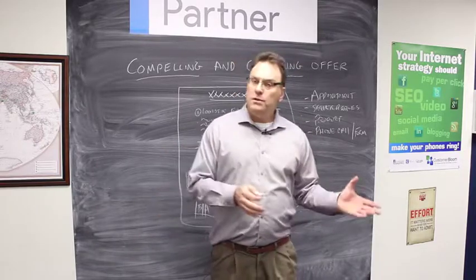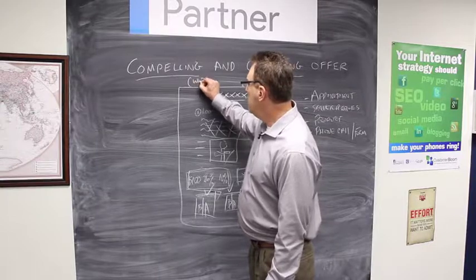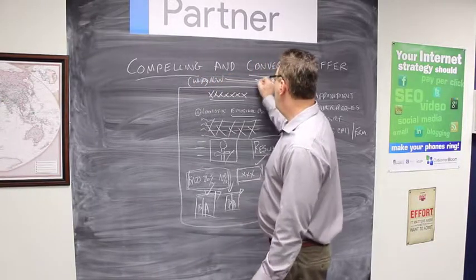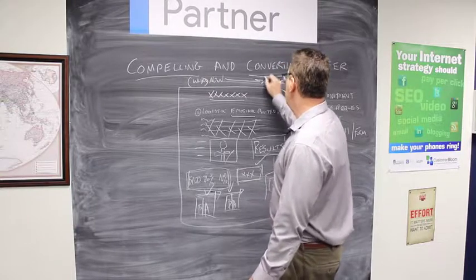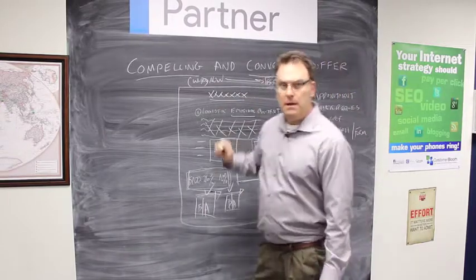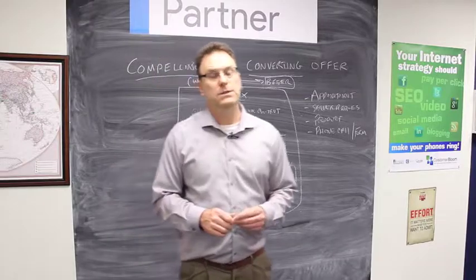Again, this is all transgression of taking someone from a status of where they are now to a better situation. And obviously, if the better situation is emotionally compelling and converting, the chances are better that you'll get the result you're looking for, which is new business.